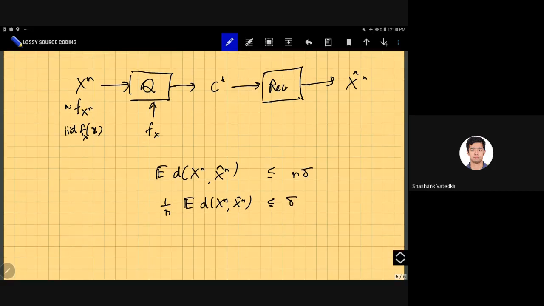And given this constraint, our goal is to minimize the rate. The rate is simply k over n, and we want this to be as small as possible.